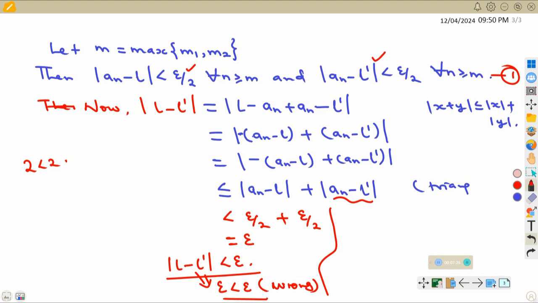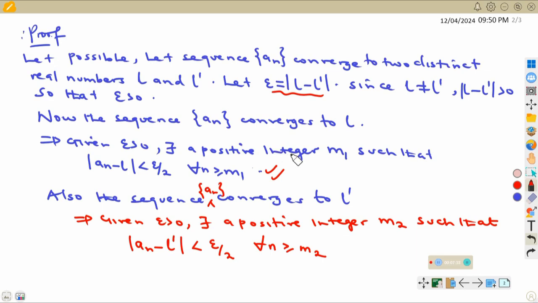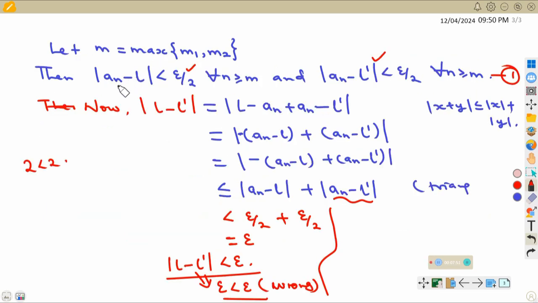So this will lead us to what we call the contradiction. You realize the essence of creating this was basically to come up with the contradiction. Remember, we are proving this by contradiction. So we wanted to see whether the magnitude of L minus L prime satisfies this expression, and whether it will give us epsilon.